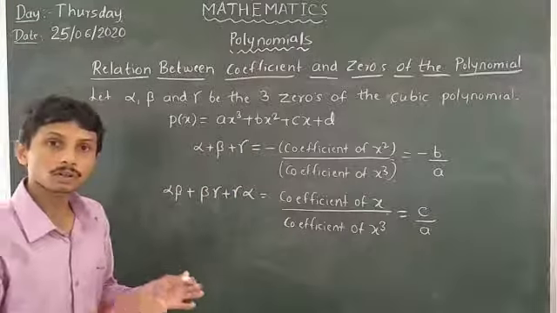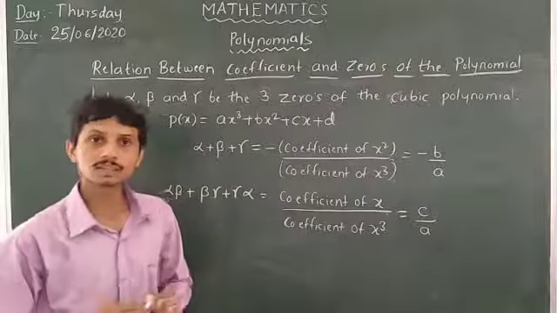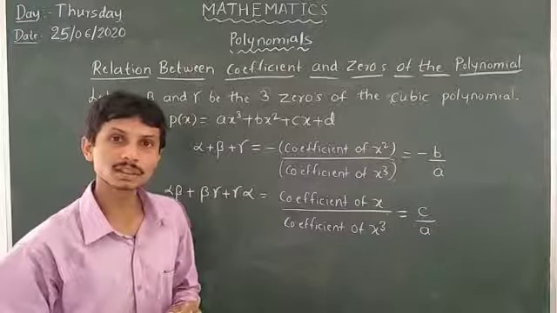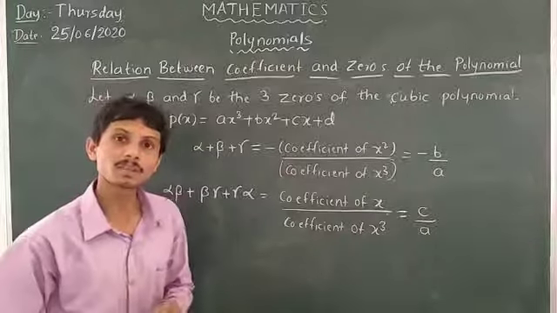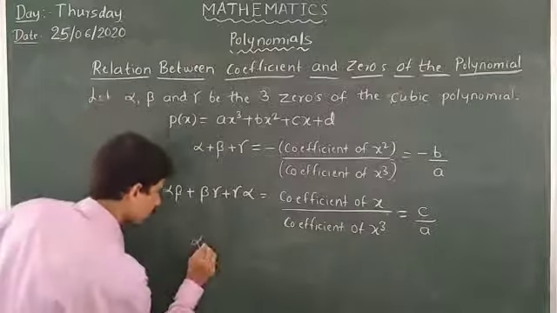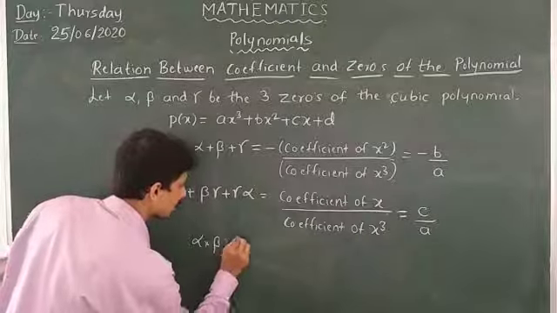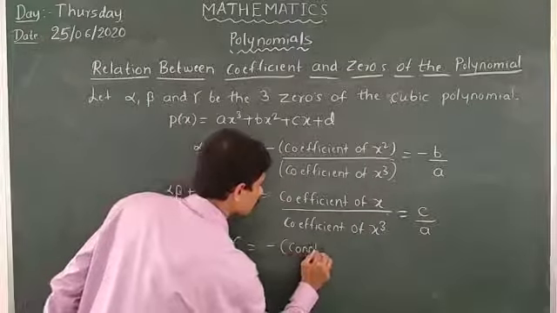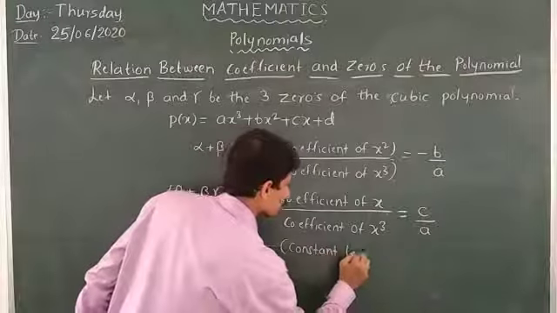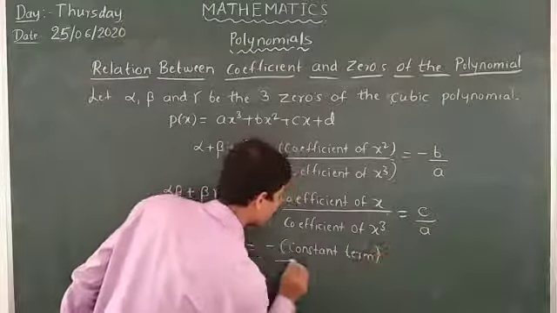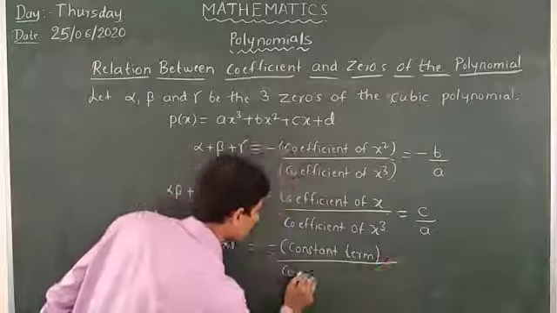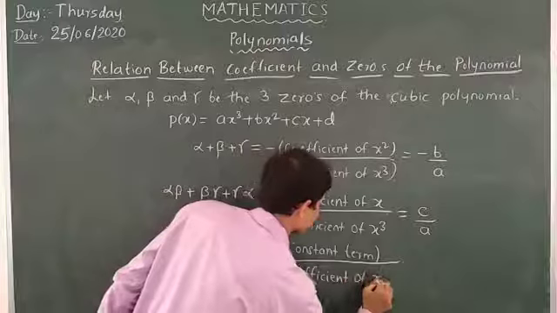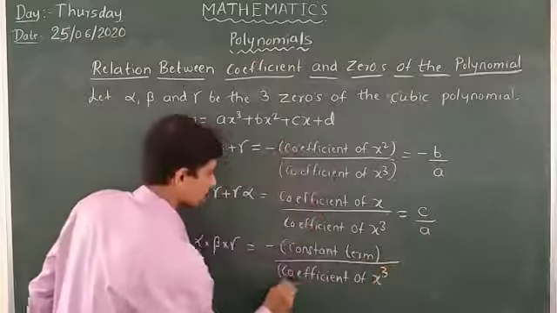Next, the product of those 3 zeros is equal to minus of the constant term divided by the coefficient of x cube. Alpha into beta into gamma is equal to minus of the constant term divided by the coefficient of x cube.